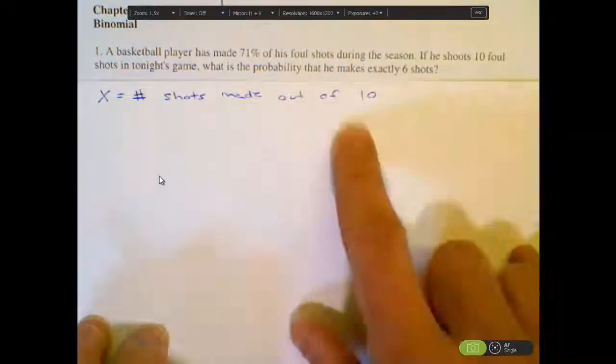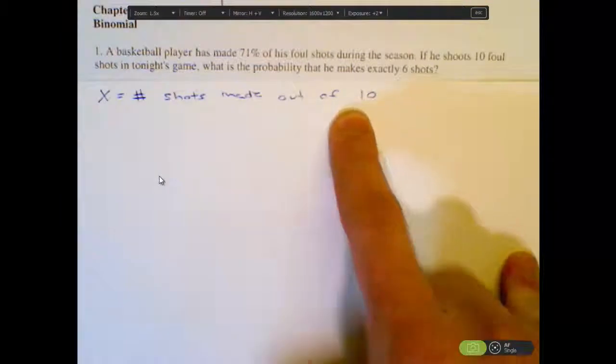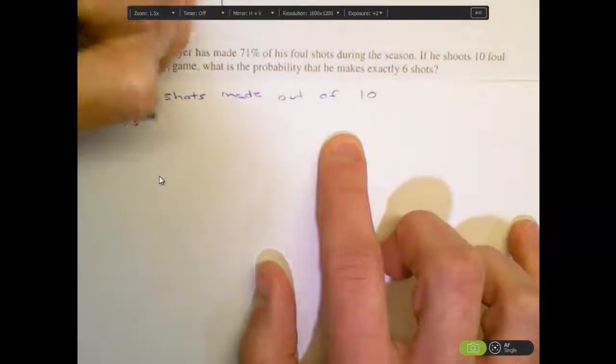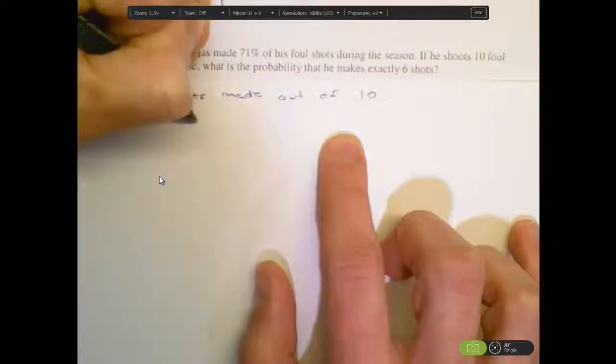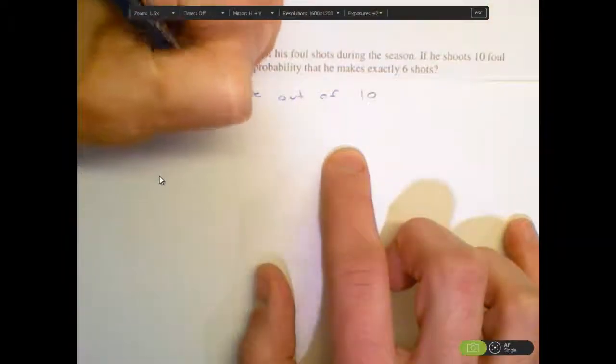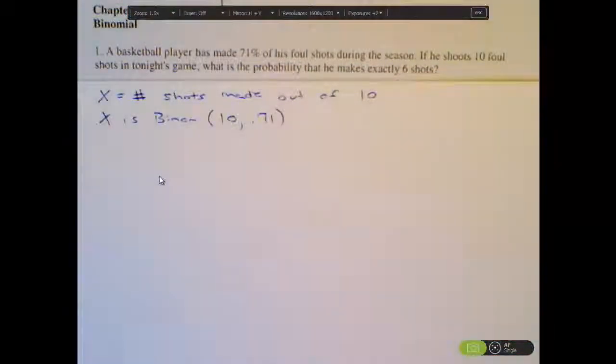That's, again, what makes it a binomial probability model. I have a specific number of trials, 10. Okay, so I'm going to identify what probability model I'm using. X is binomial, and binomial has two parameters, the number of trials, 10, and the probability of success, in this case, 0.71. And this would be expected on an AP exam.